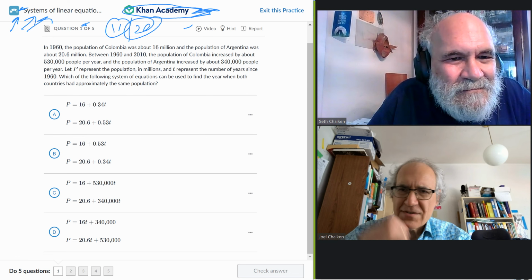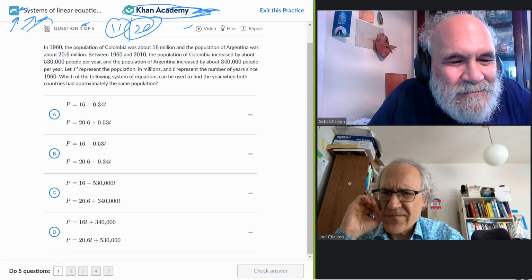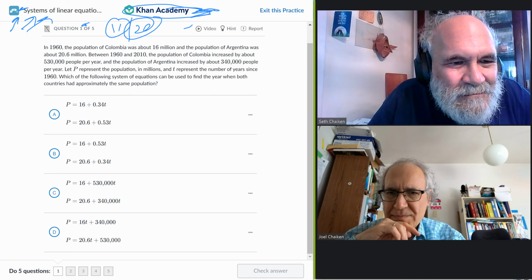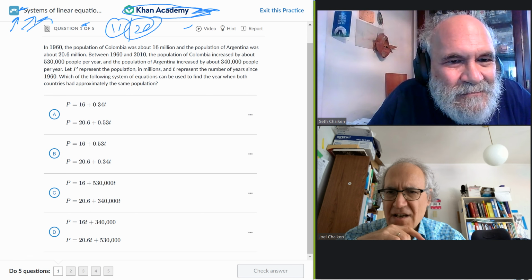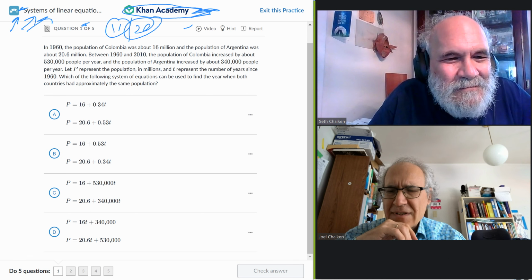Between those years, the population of Colombia increased by about 530,000 per year, and the population of Argentina increased by about 340,000 people per year. Let P represent the population in millions, and T represent the number of years since 1960. Which of the following systems can be used to find the year when both countries had about the same population?